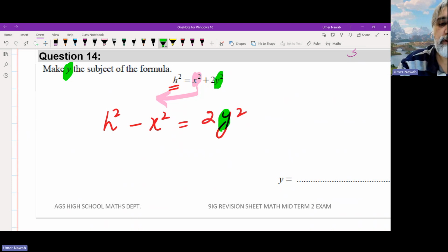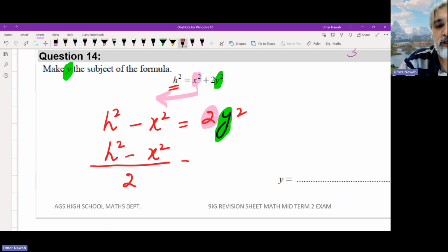Now, the subject term is y. Step by step, as you know, we do the opposite BIDMAS. Power will be dealt with later. First, multiplication. So the opposite of multiplication is division. 8 squared minus x squared whole over 2 equals y squared.